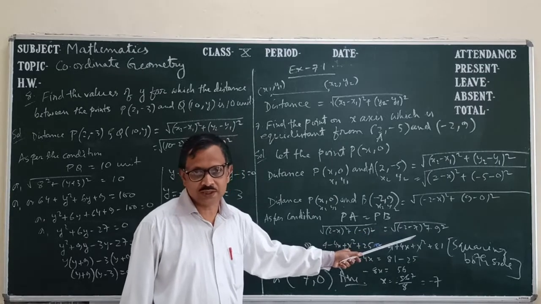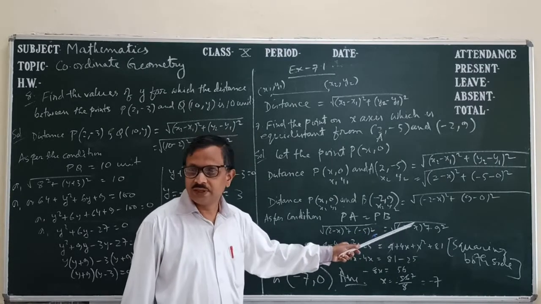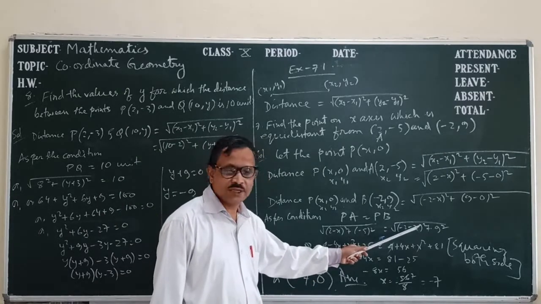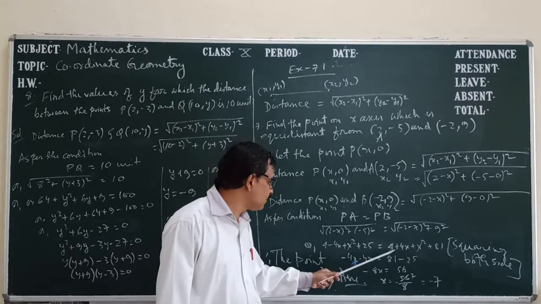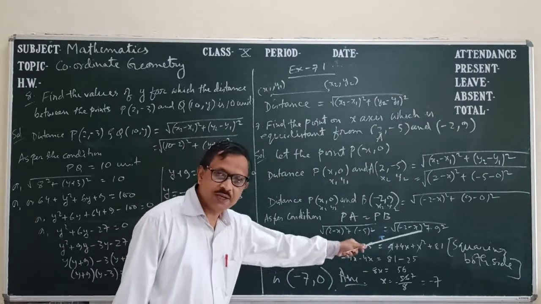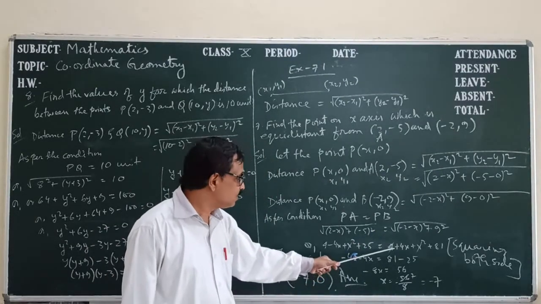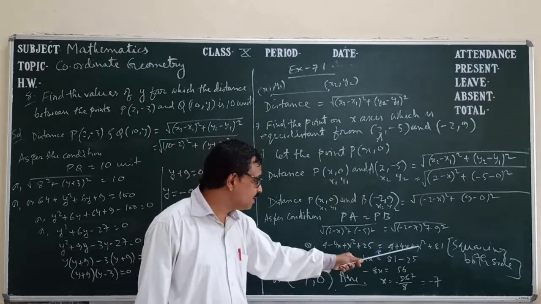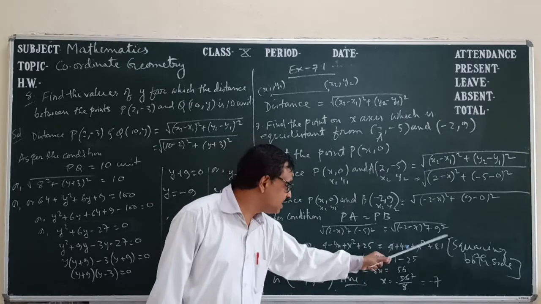When both are minus, they will be plus. So the formula (a plus b) whole square will be applied here. So 2 square is 4 plus 2ab, which is 2 into 2 into x, plus x square, and 9 square is 81.